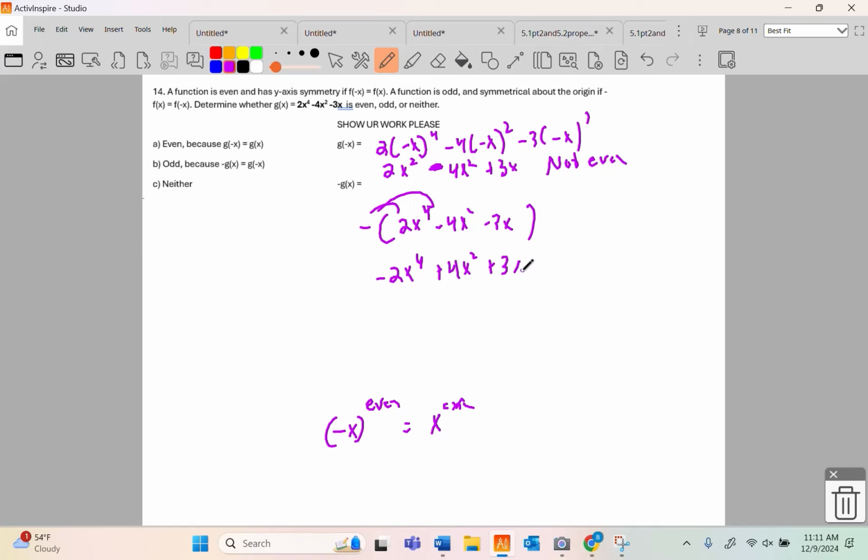And this piece becomes positive. That is not equal to this. See the test? We compare these two. They're not the same, so it's not odd. It's neither. They differed here. One of them was negative, one was positive, and here as well. Which is not the same.